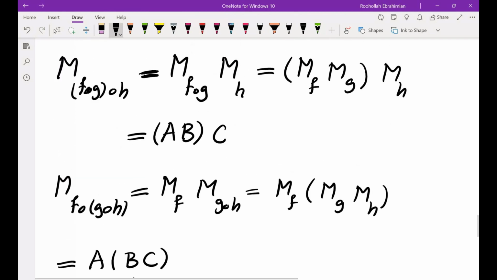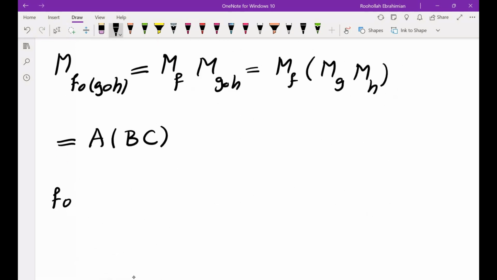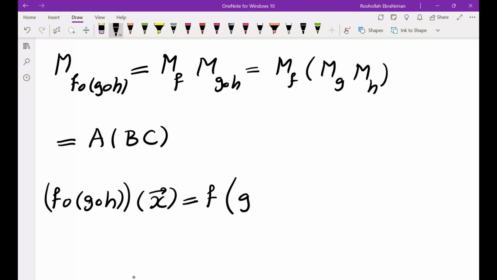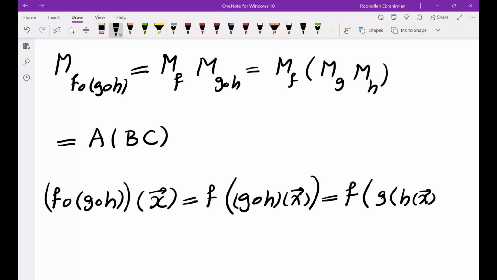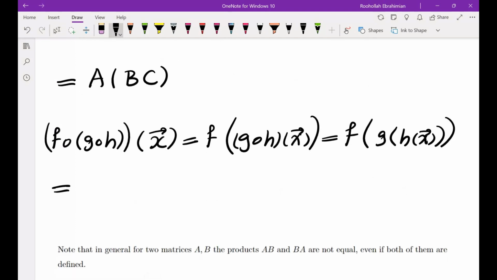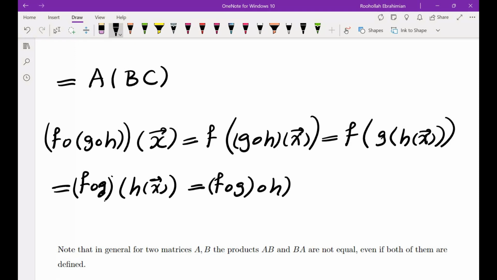So now if I show that these two functions (f∘g)∘h and f∘(g∘h) are the same, then that means their matrices are the same. So look at (f∘g)∘h at some input. This is the same as f∘g of h of x, which is the same as f of g of h of x. And that's exactly the same as f of (g∘h) of x, which is the same as f∘(g∘h) of x.